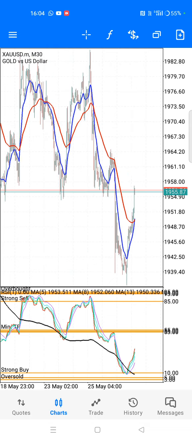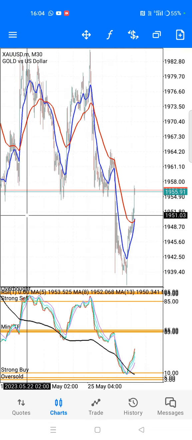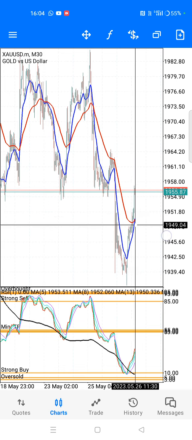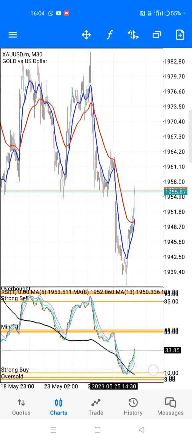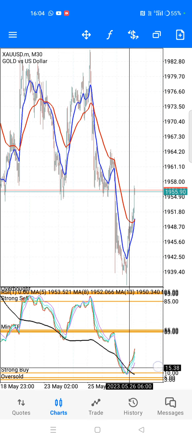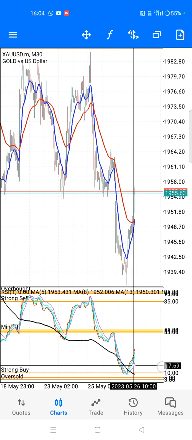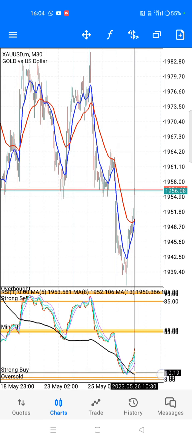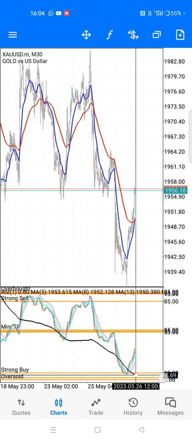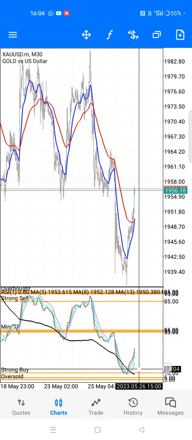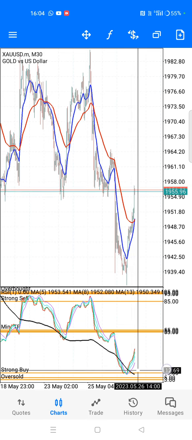So let me repeat again. Even though it has crossed, even though it's a strong buy, you cannot enter yet. You have to double, triple confirm that this black moving average will also go up.